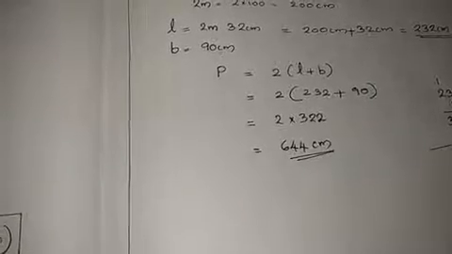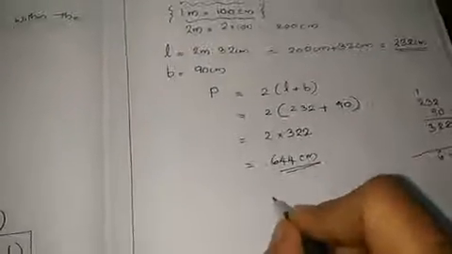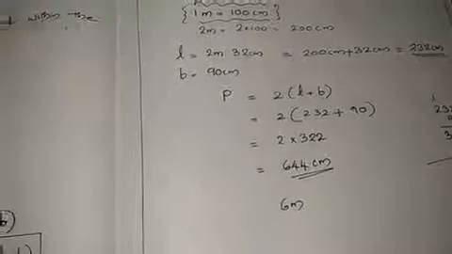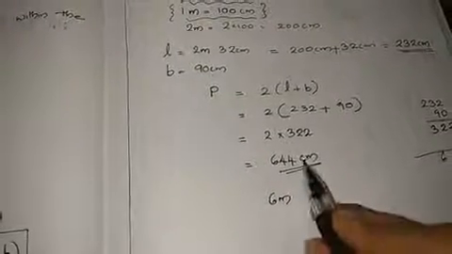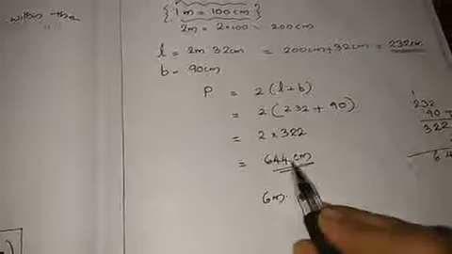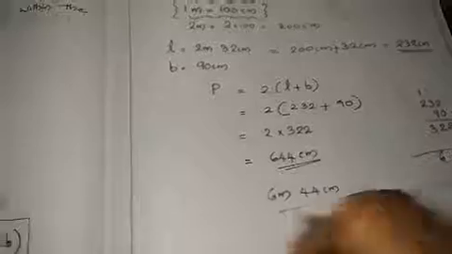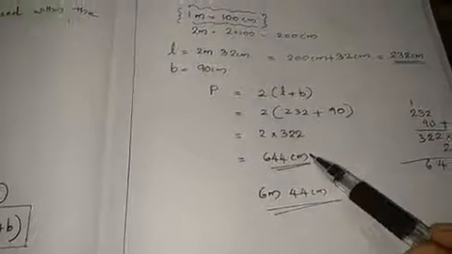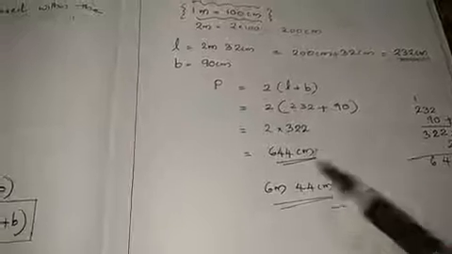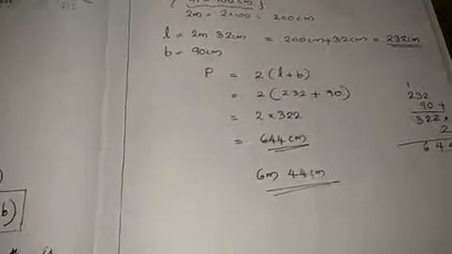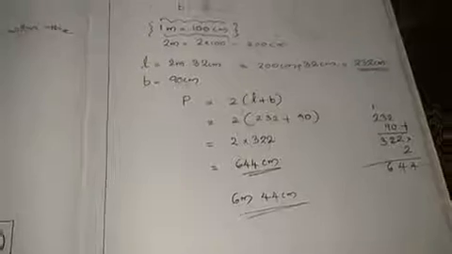So 600 centimeter we can write 6 meter. 600 centimeter, 6 meter, 44 centimeter we can write like this. So you can write perimeter as 644 centimeter or 6 meter 44 centimeter. All of you write this in your notebook.